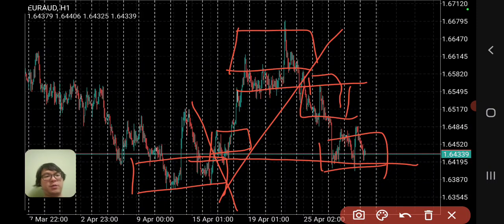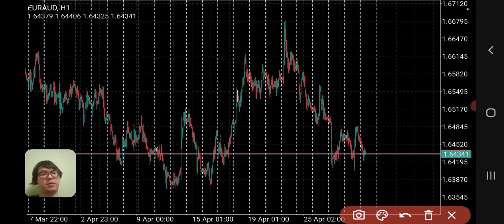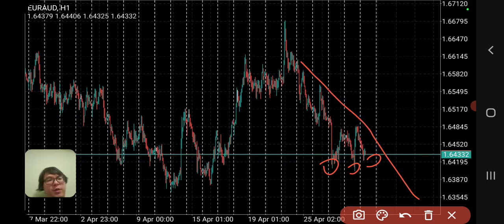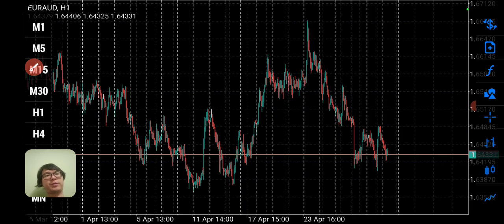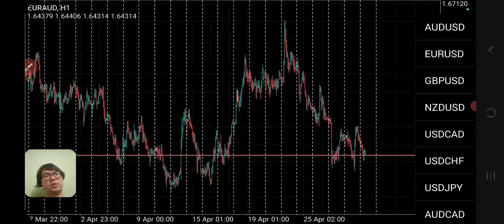Right now the pricing have been tested once, twice, 3 times, and we don't see any trend line break. So if you want to go long on this one, you got to see a very strong breakup going on testing for the support. That is where we want to go long. But at this point, Euro Australian dollar, no trade setup.